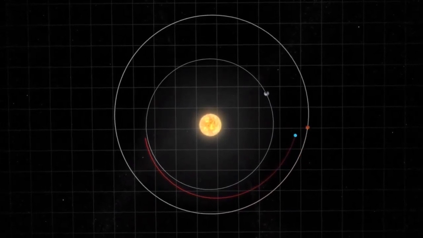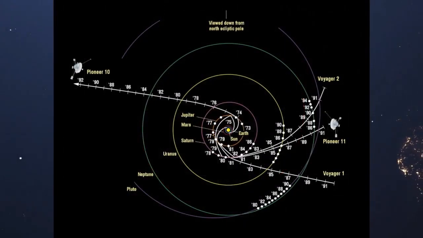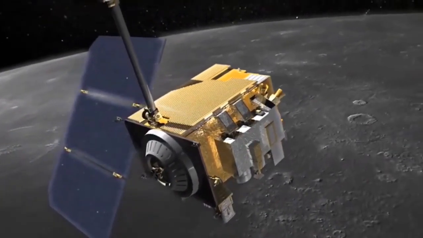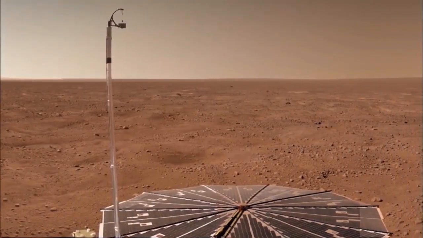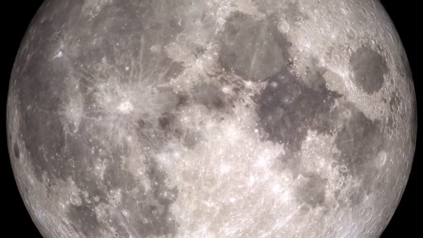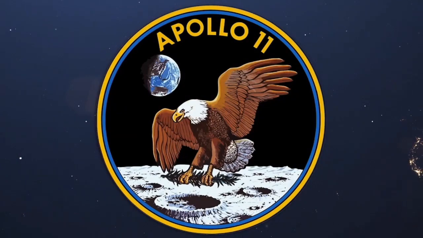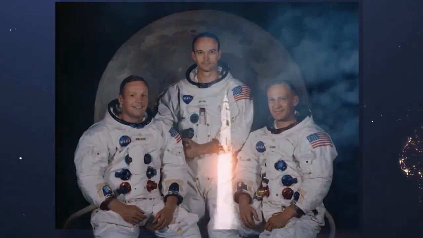NASA's scientists and engineers have gotten really creative in creating trajectories to send robotic spacecraft around and beyond our solar system. But for humans, the farthest that we've gone is to our moon, 50 years ago. In Apollo 11, on July 16th, 1969, 3 astronauts were launched on a Saturn V rocket, leading to humankind's first giant leap.